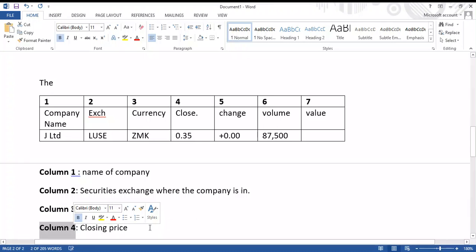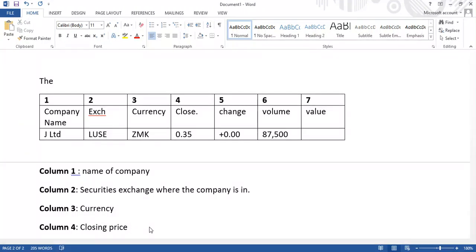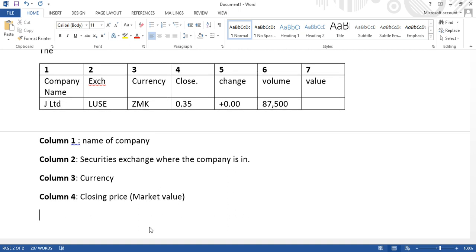This is how much one share is costing. This is the market value. This is where we find our market value.